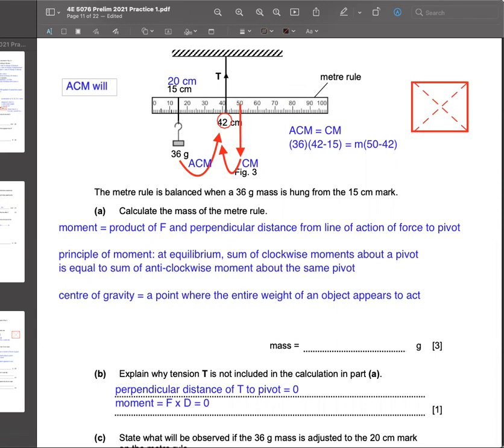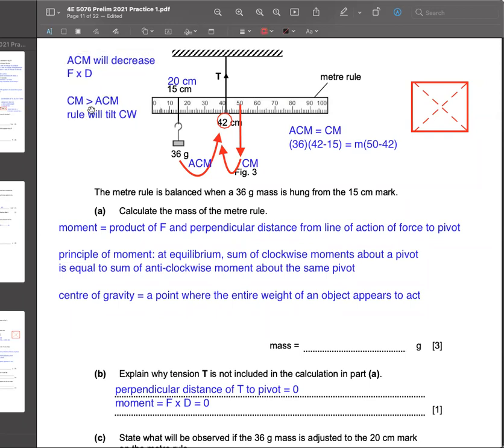Decrease. Because moment is force times distance, when the distance decreases, the ACM will decrease. So now the CM is bigger than ACM. So what happens? The ruler will turn clockwise.